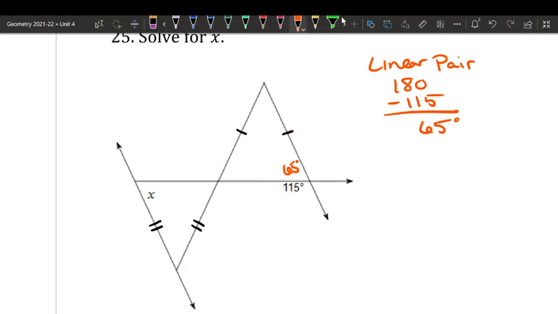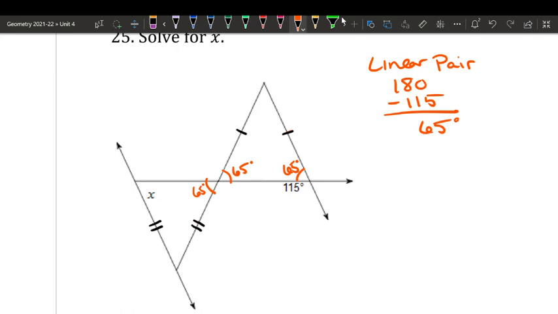And now I'm in an isosceles triangle because the two sides are marked the same, so the two angles are the same. So that makes this 65 degrees. And this is a vertical angle. These are the hourglass or bow tie shape, so that is also 65 degrees.